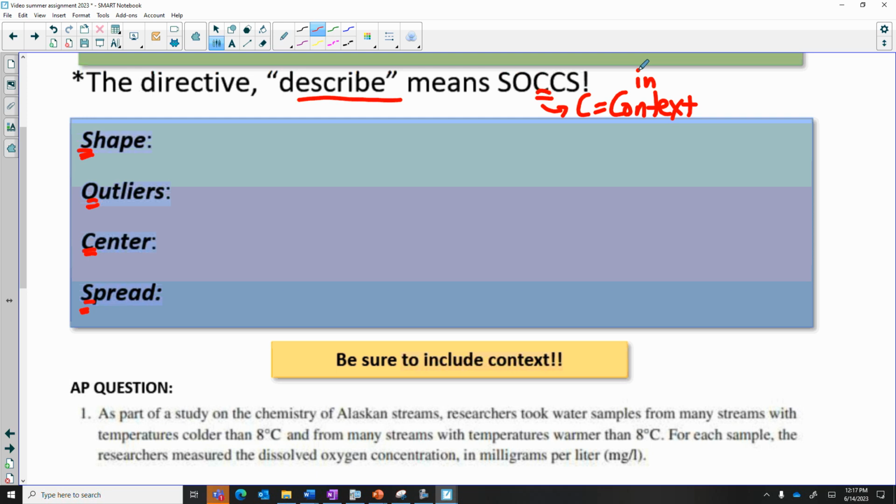They want you to say everything in the context of the question, okay? So for the shape, you're going to say, is it skewed or symmetric? If there is a gap, you want to say the location of the gap. If there are outliers, you want to name where they are.